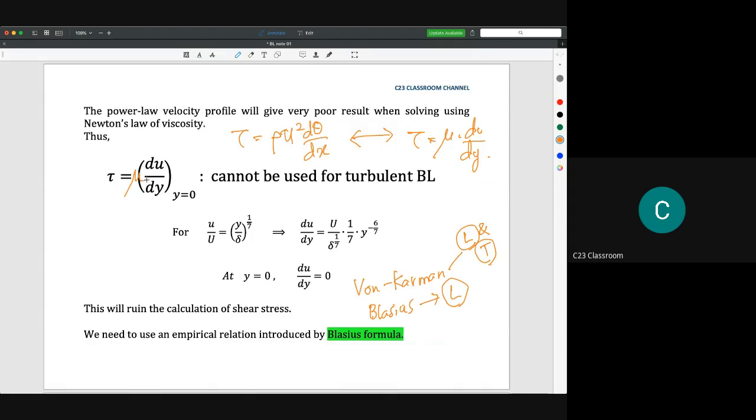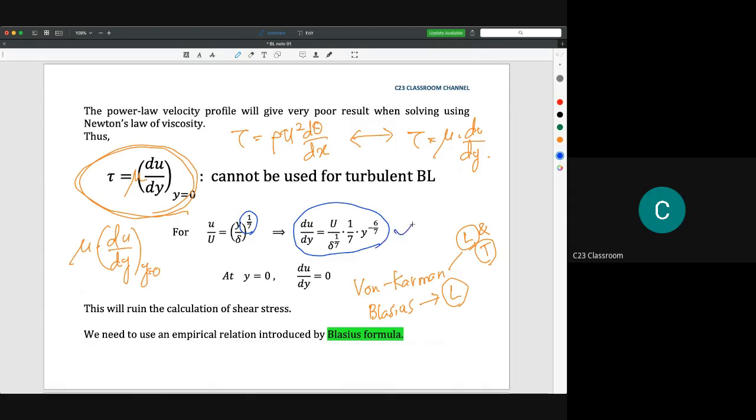In the turbulent boundary layer, we cannot use Newton's law of viscosity. Why? Because in Newton's law of viscosity, we have the term mu du dy at y equal to 0. For example, when we have u over U equal to y over delta to the power of 1 over 7 here, if we derive its du dy, we get this term.